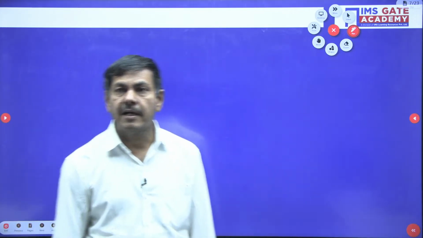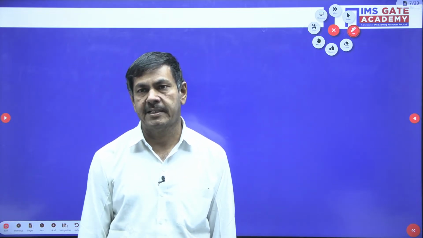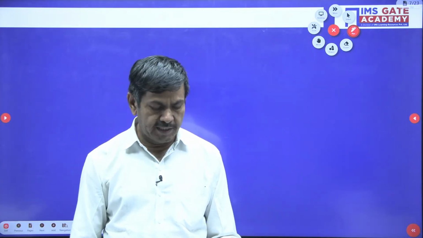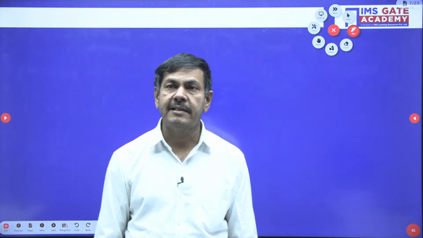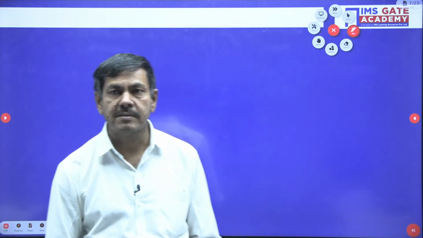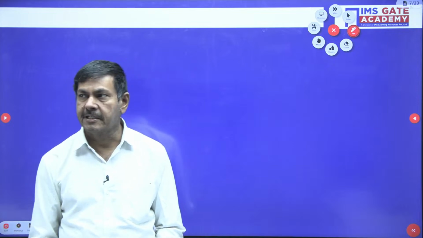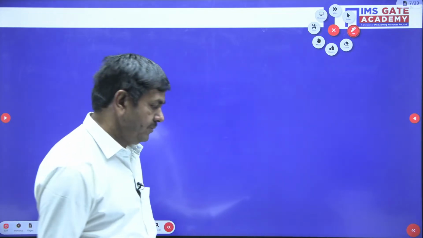Which one we are using mostly? Anybody can say silicon. But you should understand the comparison of silicon and germanium, and from that you can understand why silicon is used in practical applications as compared to germanium. Each and every point I will give.